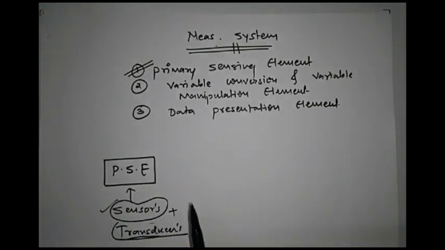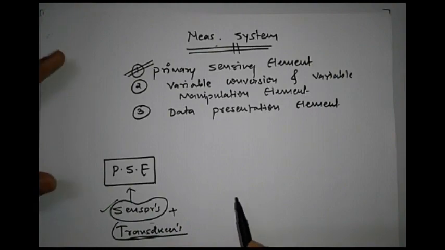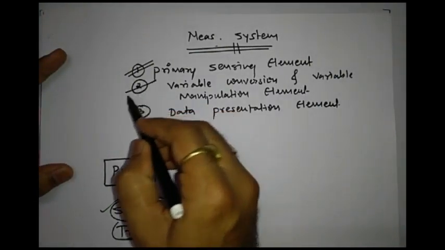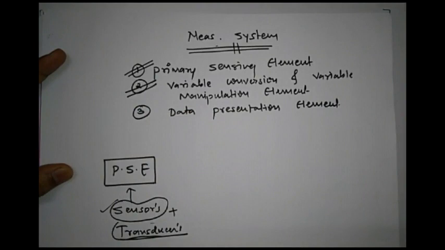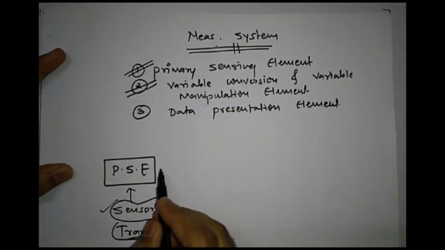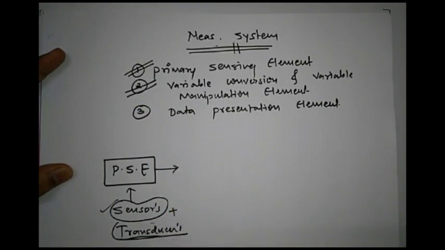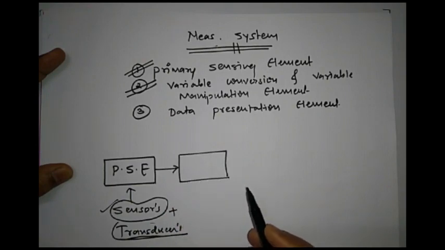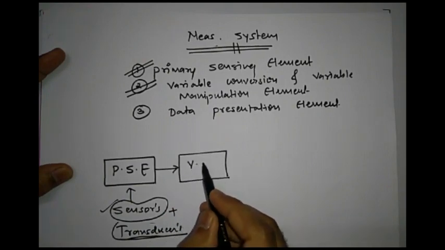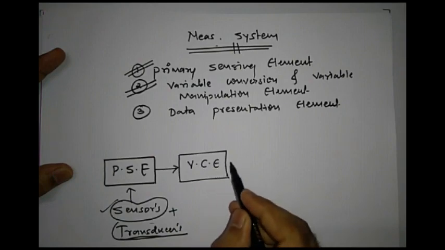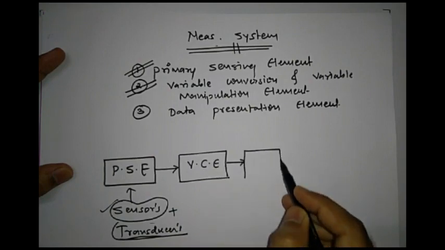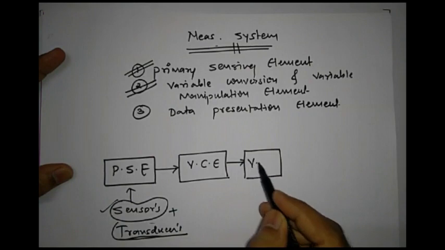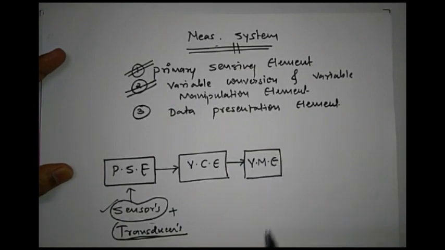Then the next element of a measurement system is the variable conversion element followed by the variable manipulation element. So the output of the primary sensing element is provided as an input to the variable conversion element, which is again followed by the variable manipulation element.